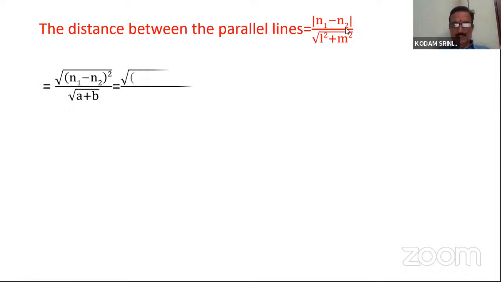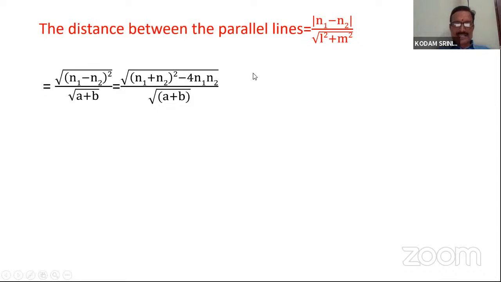So the distance between those two parallel lines, the second and third, will be modulus of n1 minus n2 by under root of L square plus M square. Now rewriting that. We can write a minus b as under root of (a plus b) whole square minus 4ab.